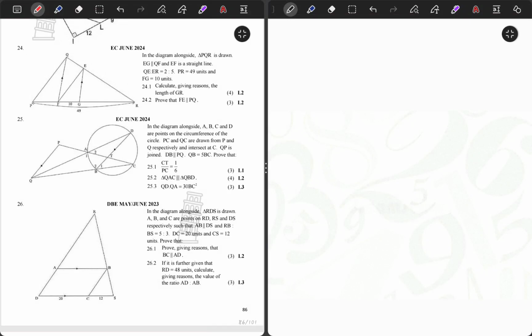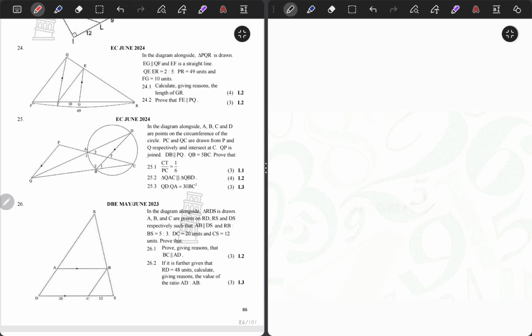PC and QC are drawn from P and Q respectively, and intersect each other at C, which is the point of intersection.